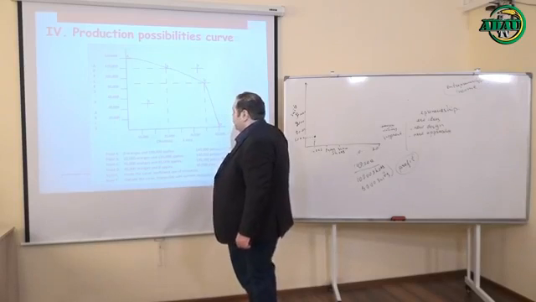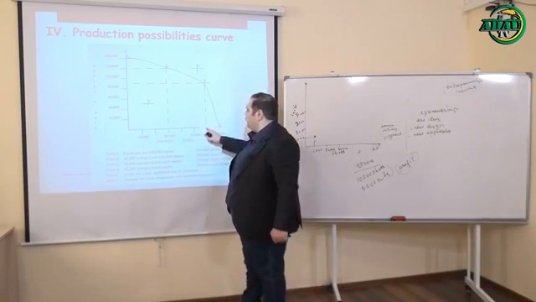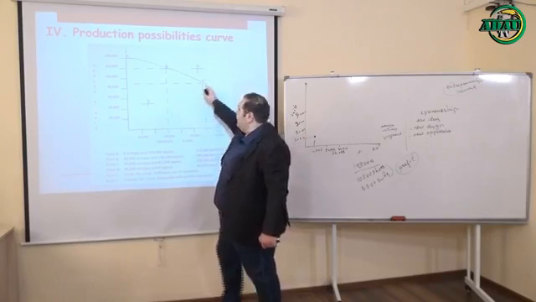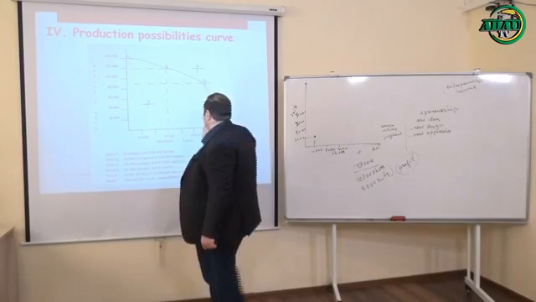If we want to increase the production of oranges to 30 or 35,000, then we need to decrease the production of apples here.